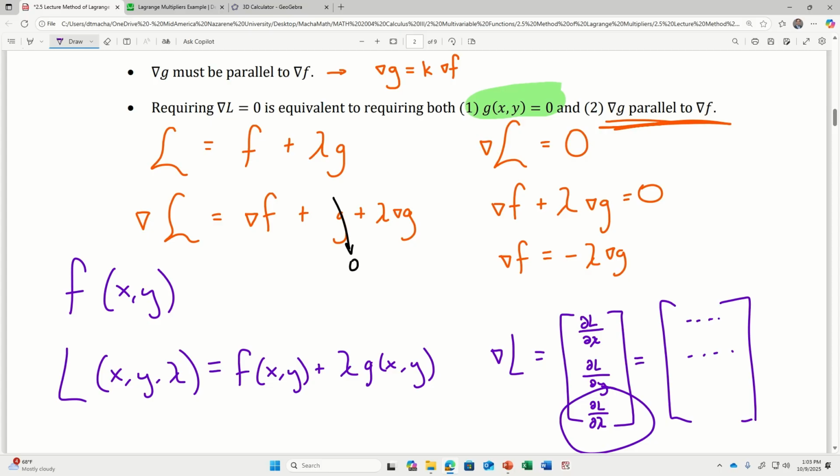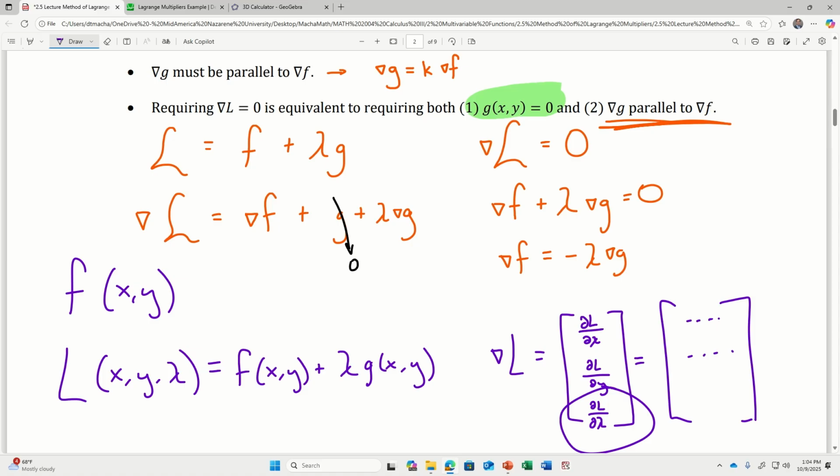Well, there's no lambdas here in the first term, so the partial derivative would just be 0. And then over here, I've got lambda times a function that has nothing to do with lambda. So when I take the partial with respect to lambda, g is basically a constant. Then the partial derivative of lambda with respect to lambda is just 1.